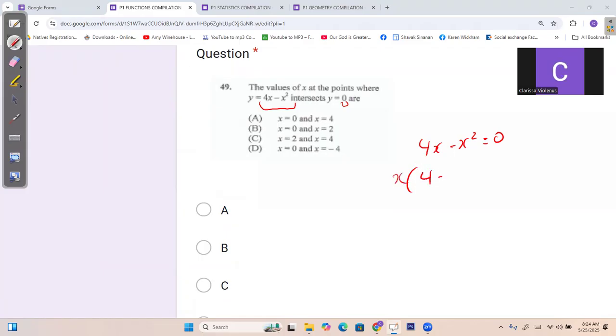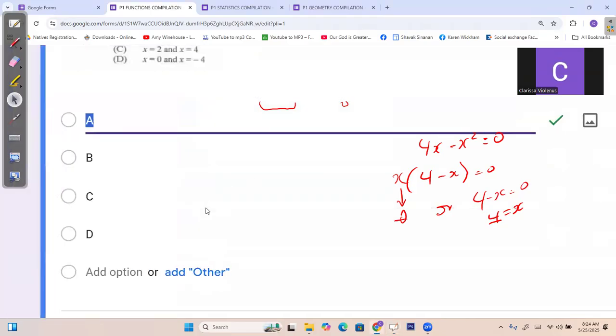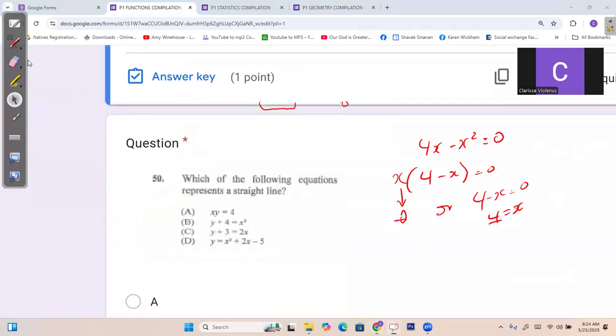We are left with 4 minus x is equal to 0. So that means the brackets, 4 minus x, is equal to 0. You transpose, so 4 is equal to x because when negative x goes over, it becomes positive. So the answer is 0 and 4. 0 and 4, positive 4, 2, is A. Got that right. Let's keep it moving.